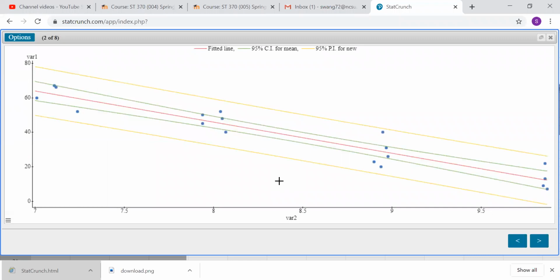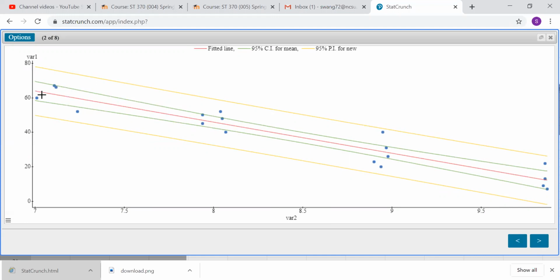This is the scatter plot. VR2 is pH, VR1 is removed. So let's ignore those green and yellow lines. We didn't talk about that. Just take a look at those dots and this line.